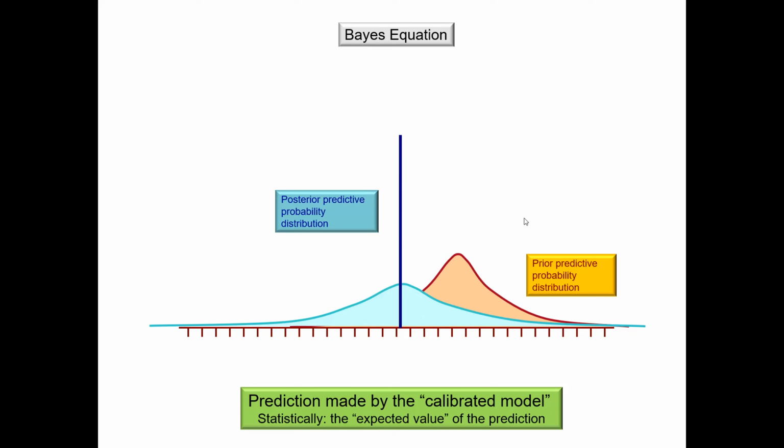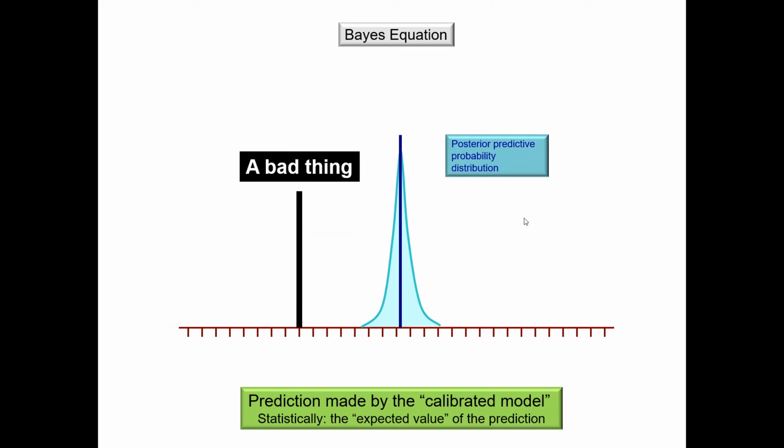So there's a certain amount of dissatisfaction in just making a prediction with a calibrated model, because if there's some bad thing out here that I don't want to happen when I manage the system, the prediction made with the calibrated model may indeed give me the prediction where I've minimized my potential for wrongness, but if that potential for wrongness is still large, I may not be able to rule out the possibility that something that I don't want to happen can indeed happen.